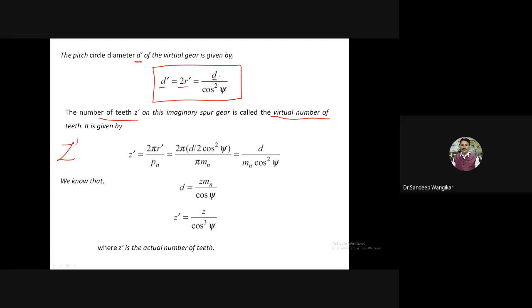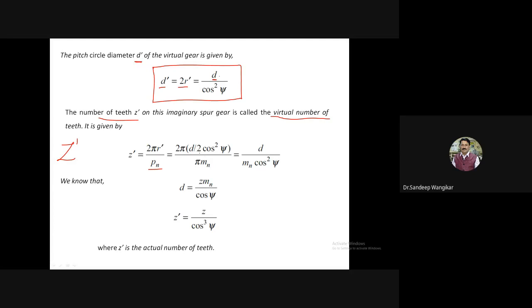So in this case, how to calculate that particular virtual number of teeth? Z dash is calculated by a very basic formula shown here: 2 pi r dash, the perimeter, divided by Pn, normal circular pitch. So the basic formula is applied for calculation of number of teeth. Because we want to put the r dash value in this, 2 pi will remain as it is.